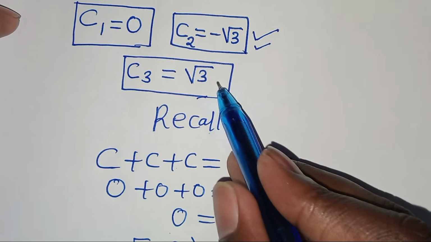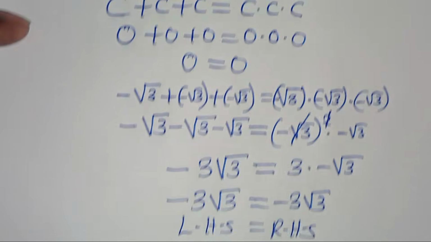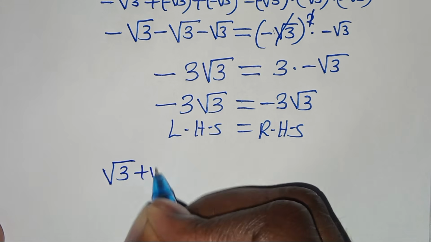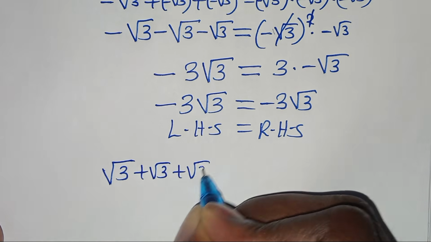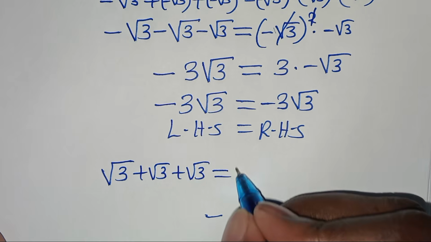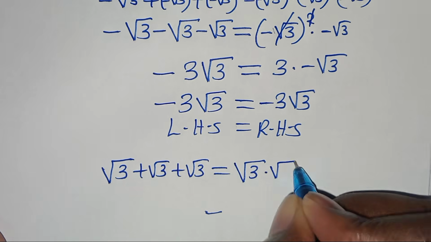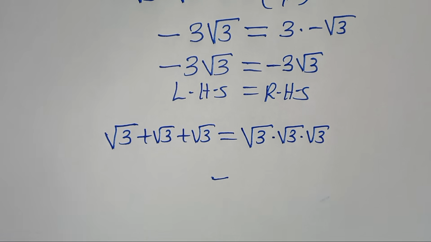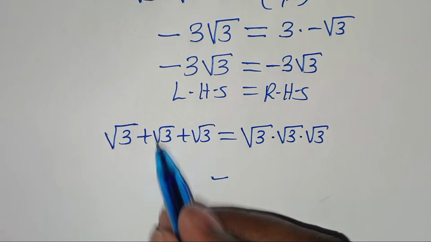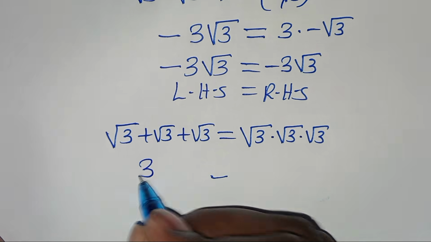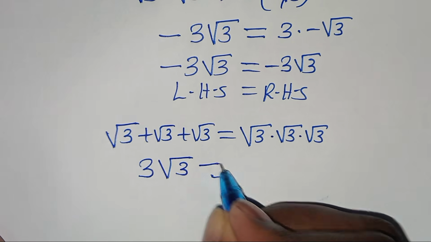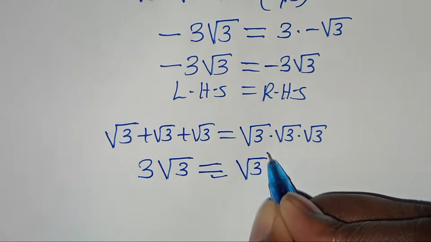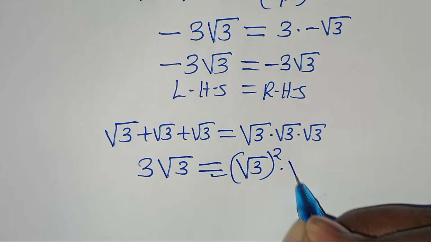Let's check c3, which is square root of 3. So we have the square root of 3 plus square root of 3 plus square root of 3, equal to square root of 3 times root 3 times root 3. Now root 3 plus root 3 plus root 3 is 3 root 3, and this is equal to root 3 times root 3, which is root 3 to the power of 2, then times root 3.